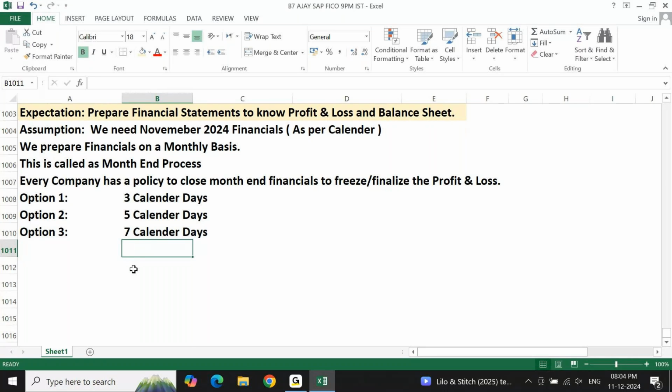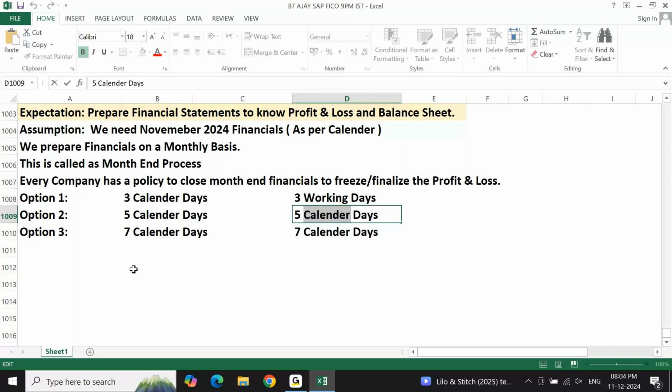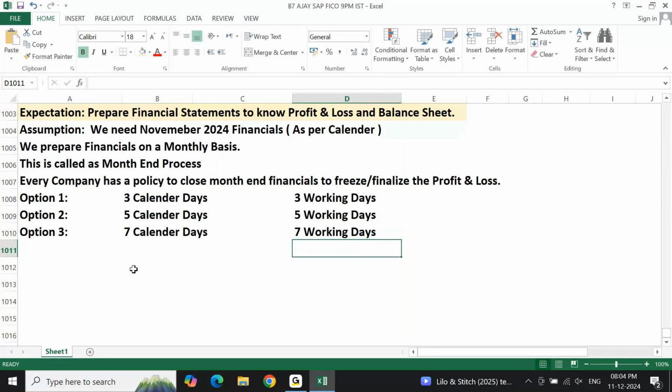Similarly, calendar days may be represented as working days also, because some companies will follow these days based on calendar days, some companies will follow these days based on working days. Either way it is okay. Now we will assume that any one you can finalize.